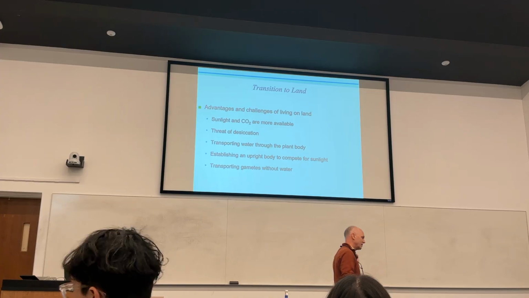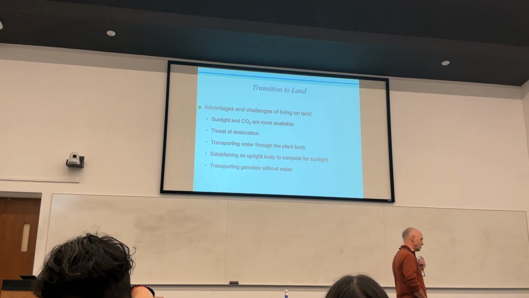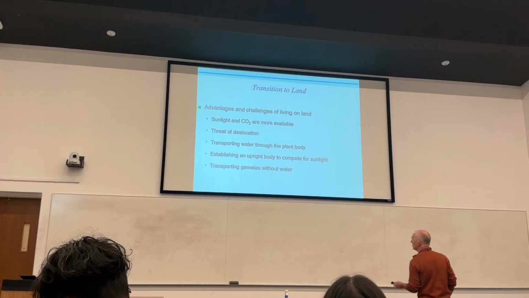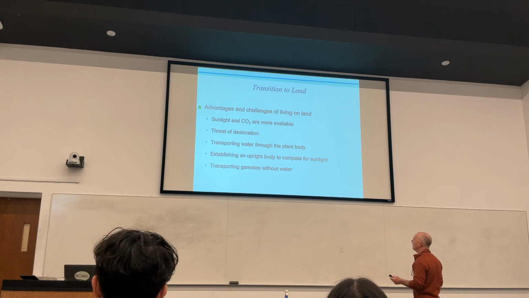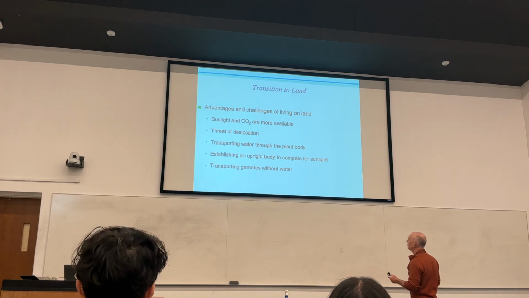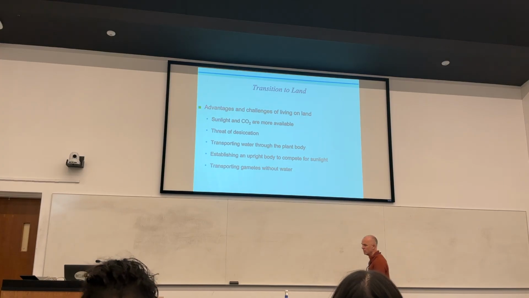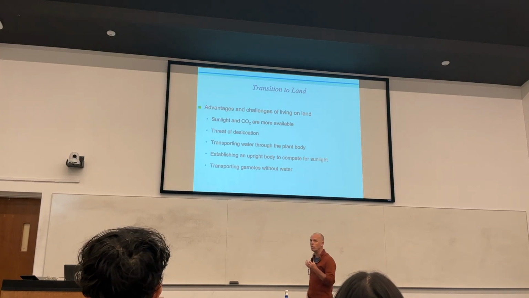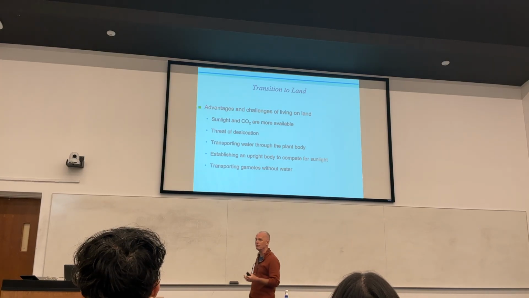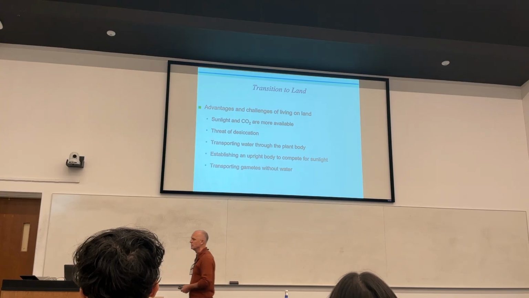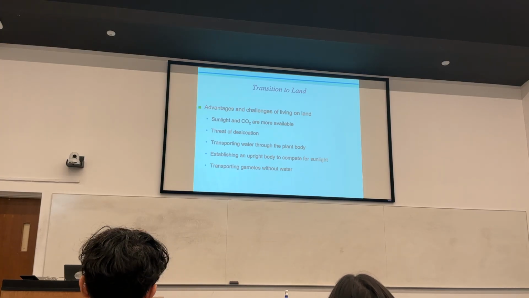Because dried egg cells and dried sperm cells are useless with regards to reproduction. And if you could go up, if you could go vertical, then you have an advantage. Not a requirement, but a real advantage of that exists. All right?